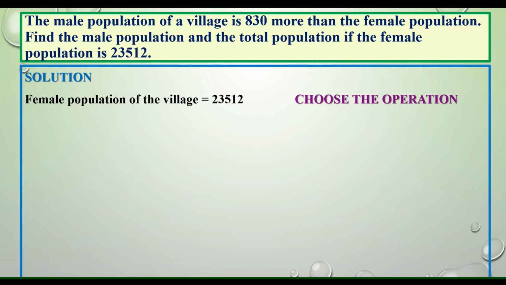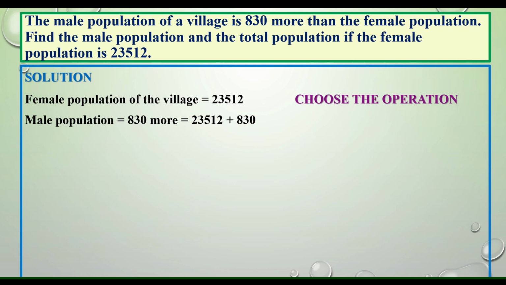So first statement will be female population, because it is given in the question that the female population is 23,512. So first statement is, female population of the village is 23,512. Now what to do? Now we should know the male population, then only we can find out total population of the village.